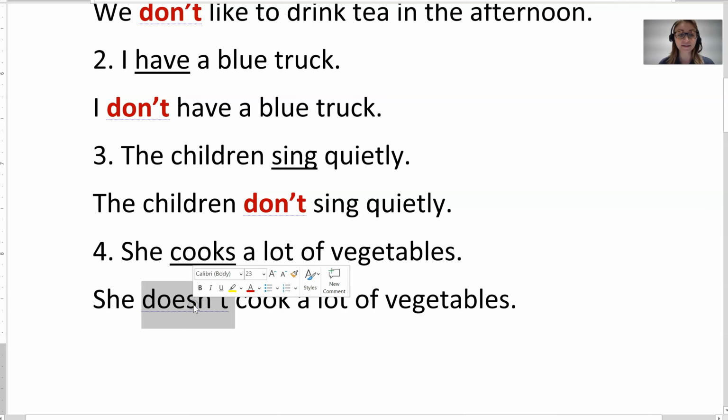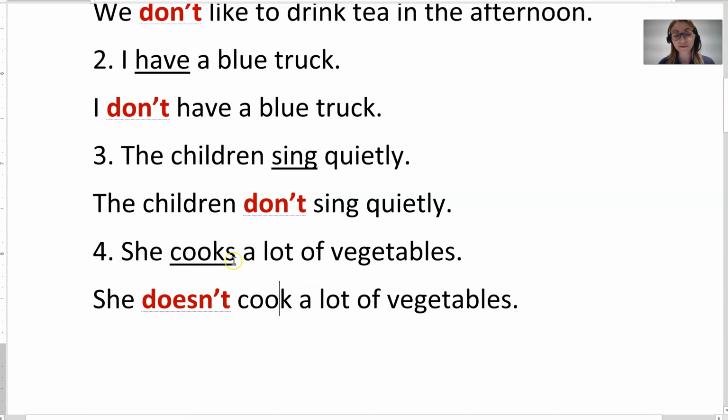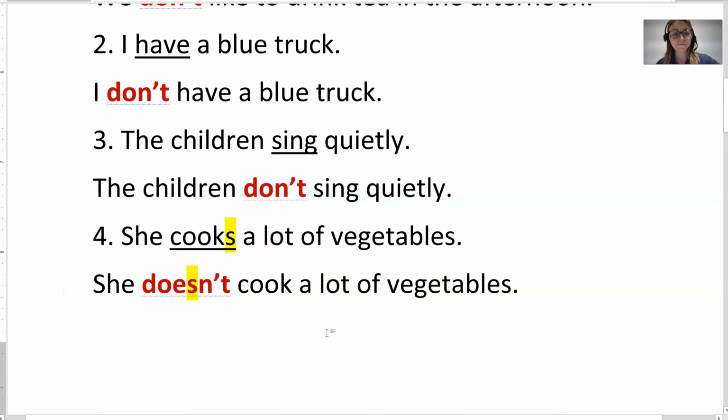Okay, this one is negative with doesn't, and what's really important here is the S. So in the affirmative we put an S there. In the negative we put the S in the negative, in the doesn't. Over here with cook, no S. Okay, so just remember that, only one S in the sentence.